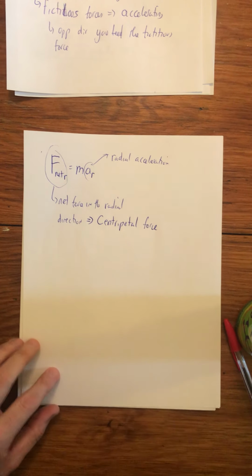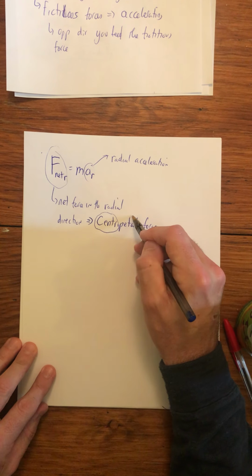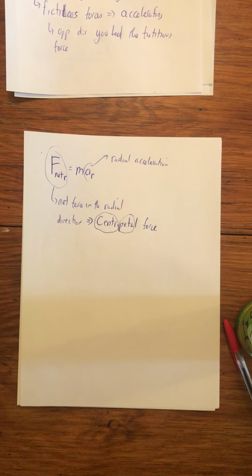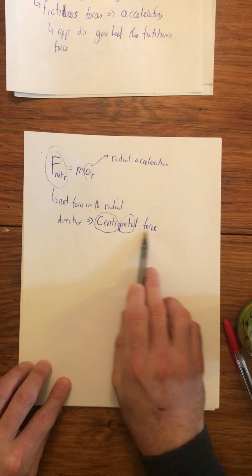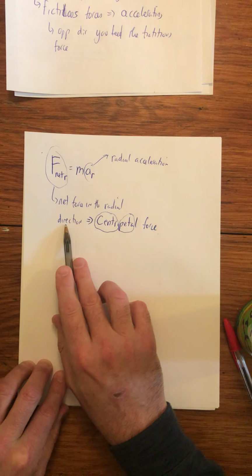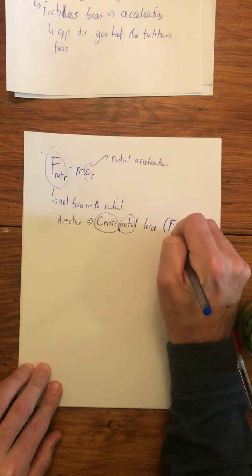But let's look at centripetal for a second. So centri, meaning center, and petal, that is actually a Latin root from the word petere, which means to seek. And so this literally translates as center-seeking force. So the net force in the radial direction is sometimes called the centripetal force F sub c.